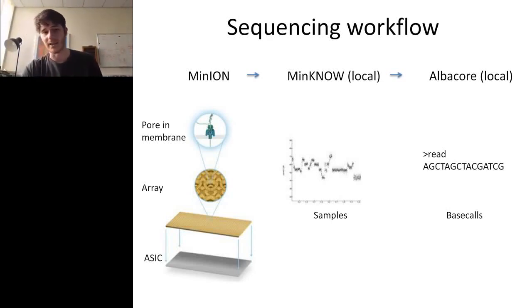In this case, we use a base caller that's a piece of software called Albacore, and it takes these raw samples and uses a machine learning algorithm that's been trained on known sequence to determine what the actual sequence of that read is. Once we have base calls, we call them reads, and a DNA read represents the sequence of 1 molecule, and that can be used for downstream analysis.